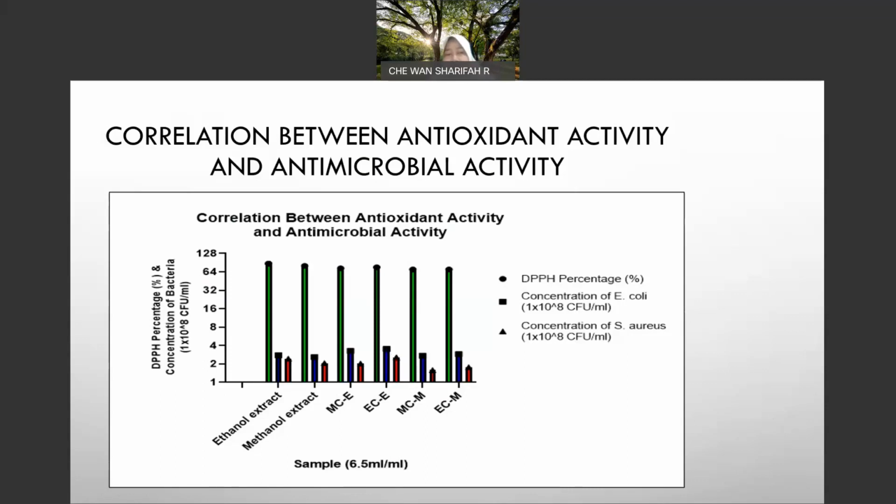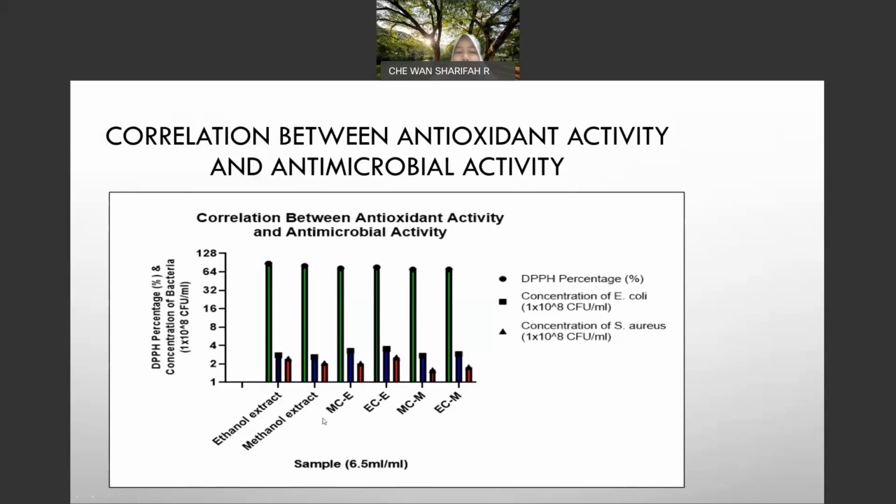This will show us that by using microencapsulation, the release of the active compound from the capsule, which has cellulose as a core matrix, has a delay time compared to when we expose the crude extract without the lining. So here we can compare the ethanol extract and also the methanol extract.